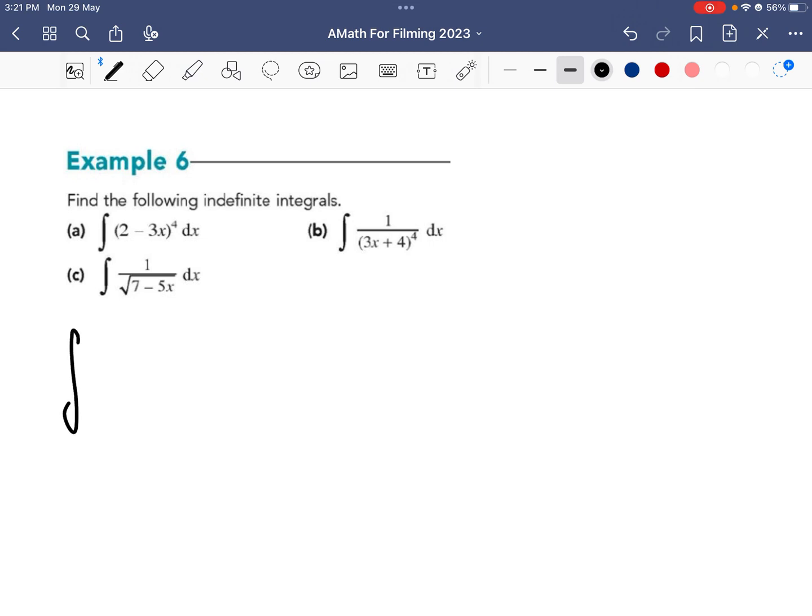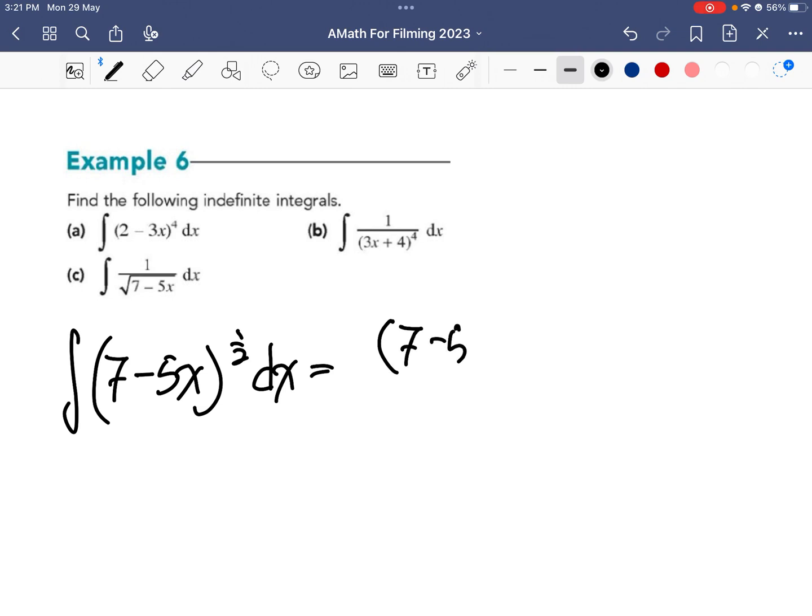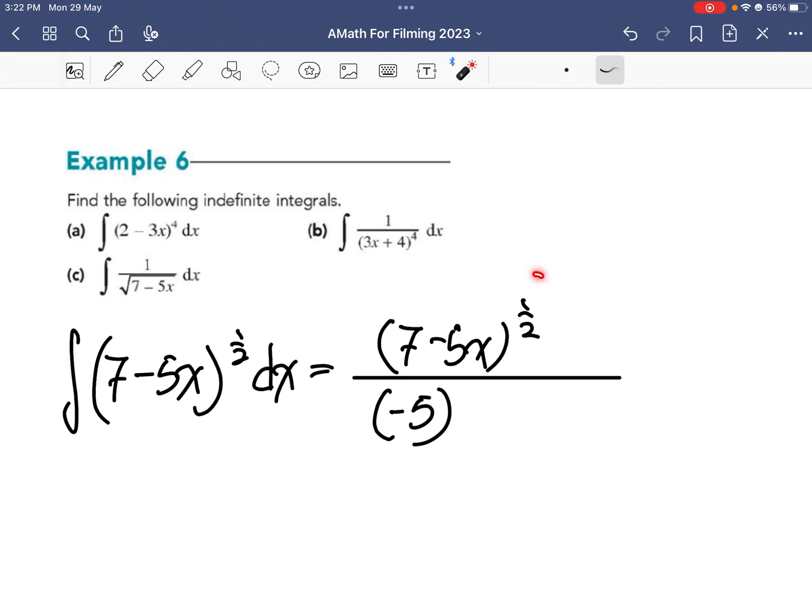Now, for part C, I'm integrating (7 minus 5x) to the power of half with respect to x. First, 7 minus 5x, I differentiate, and I get negative 5. So I divide by negative 5. Then I'll work on the half.